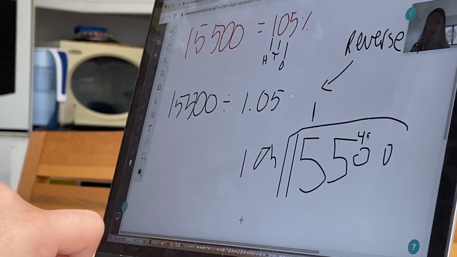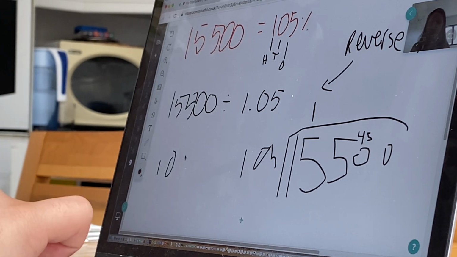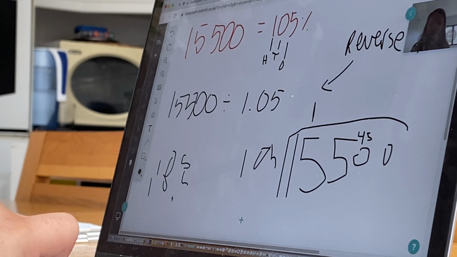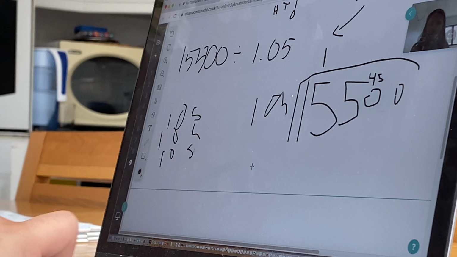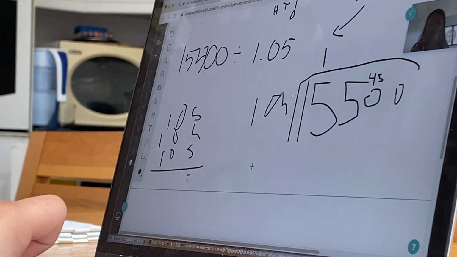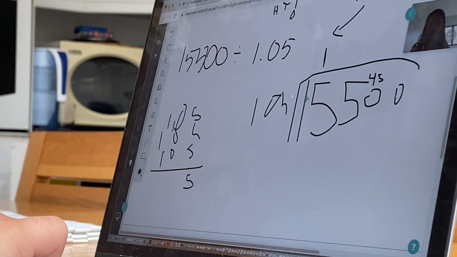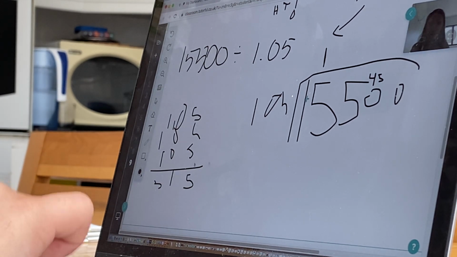You can use a calculator if you want. 1, 5, 1, 5, times 3, 1, 5. 0, 1, 2, 3, 5 to 15. So 300. So we can maybe do one more.